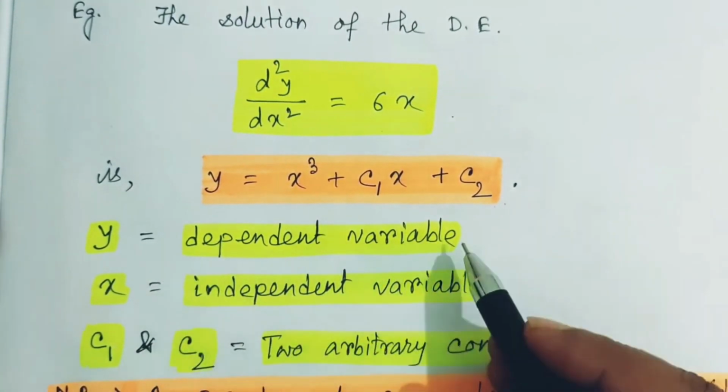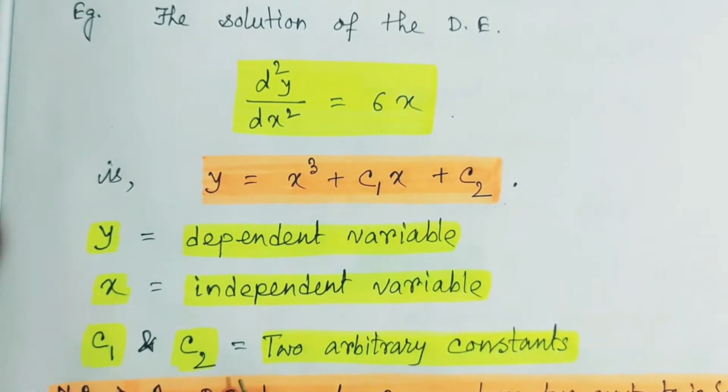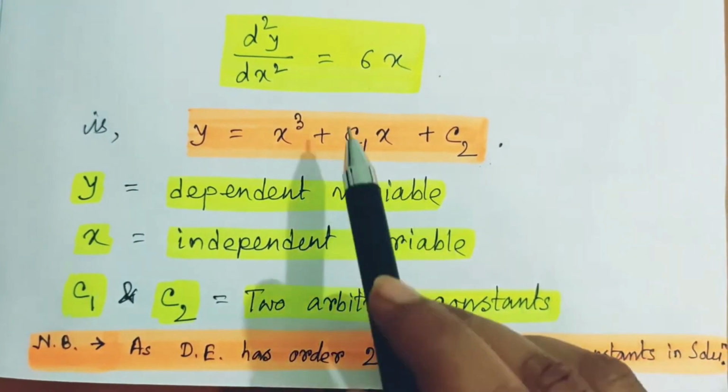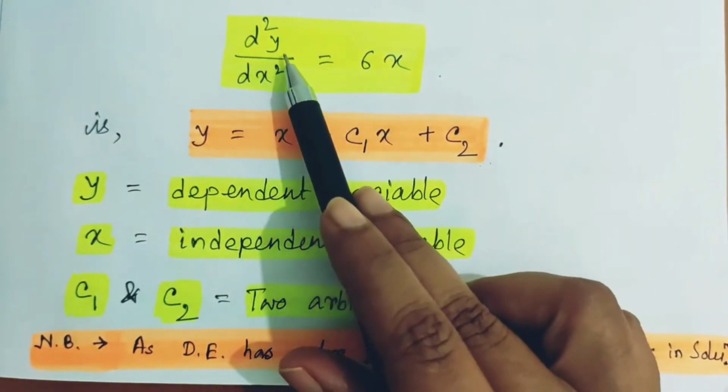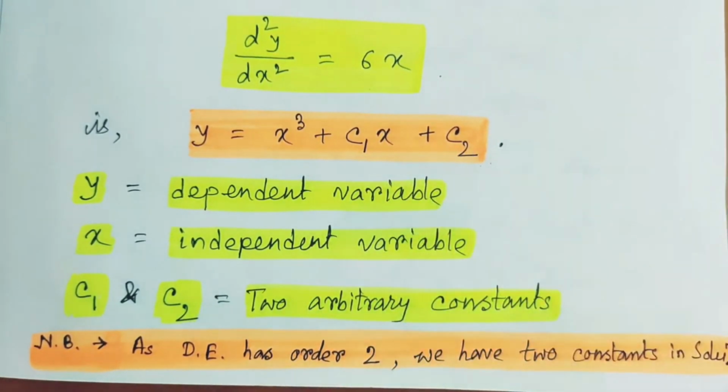Here y is the dependent variable, x is the independent variable, and c1 and c2 are 2 arbitrary constants. Note that as the given differential equation is of second order, 2 arbitrary constants are here. The order of the differential equation defines how many arbitrary constants should be there in the given equation.